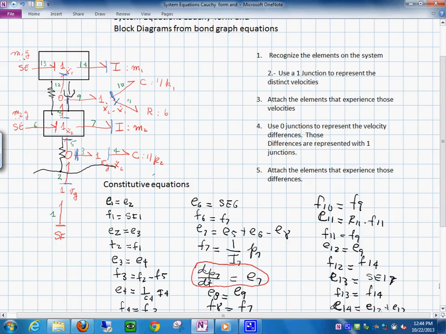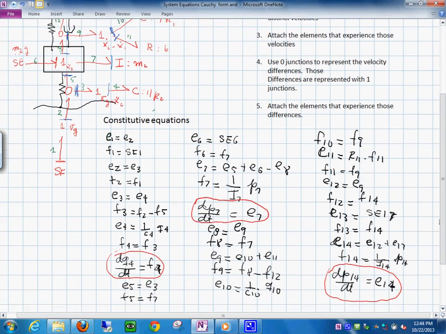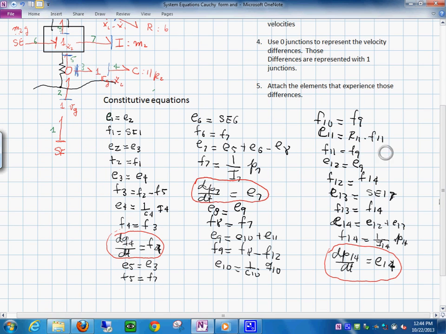So I'm going to use these equations that are circled to produce the Cauchy form. In reality, we're going to go first, and I would say, okay, if dq sub 4 dt is equal to f sub 4, then it follows using 5, and f sub 2 is f1, and then f5 is f7, and what is f1 is sf1, and then minus f7 here.